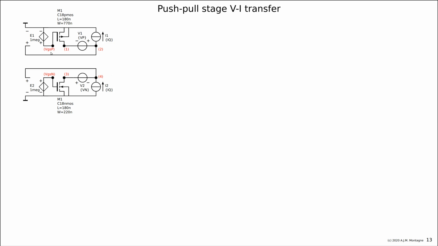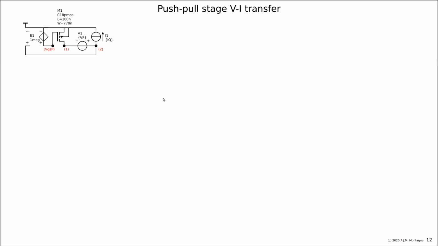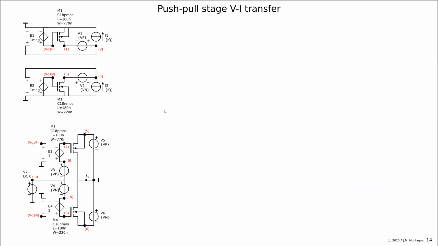If we have VGSP and VGSN, and we remember the previous sheet, so we have the VGS, we can make this circuit, apply VP and VN as power supply, and add VGS as a floating voltage source that we derive with the gain of unity from our model. And this is the model-based biasing effect.